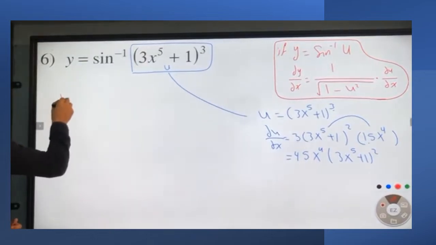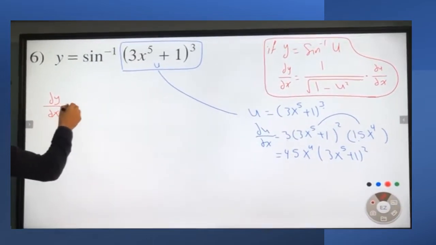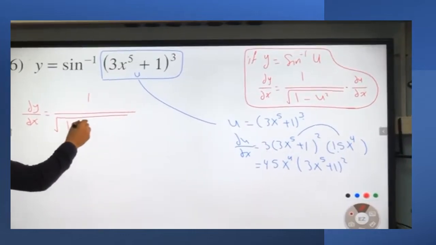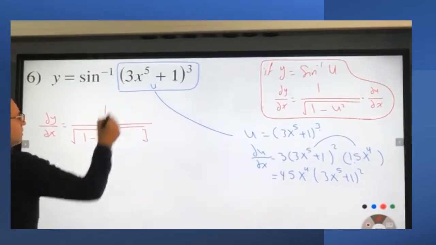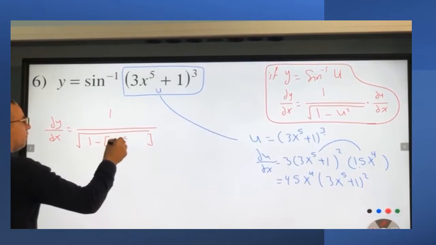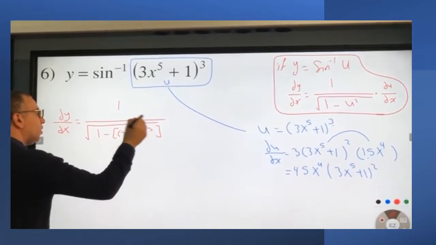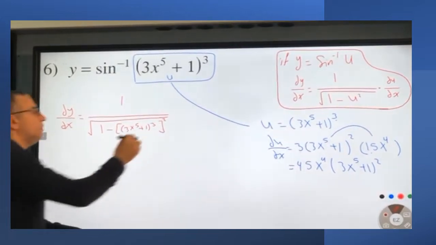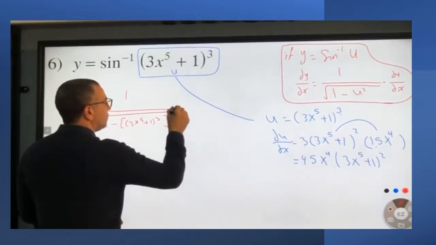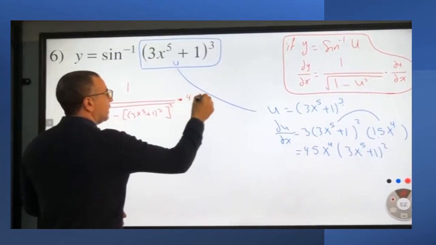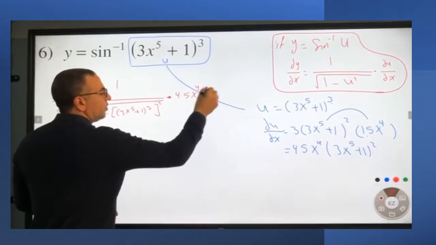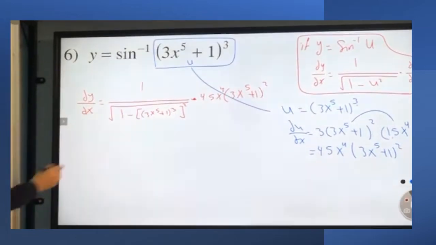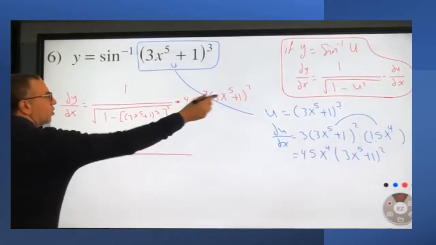Sine inverse, so the derivative of y is equal to 1 over the root of 1 minus the function (3x to the power 5 plus 1) all to the power 3 to the power of 2, which is u squared, multiplied by this derivative 45x to the power 4 multiply (3x to the power 5 plus 1) all to the power of 2. So the simplest form of this function, we're going to add this up.